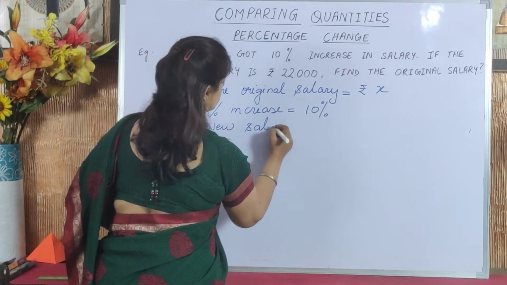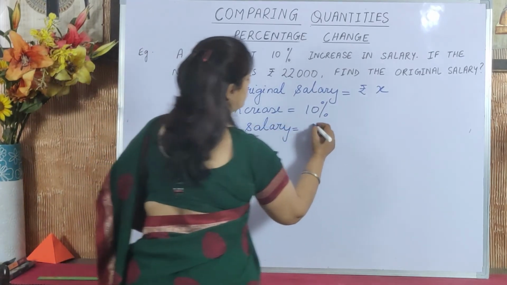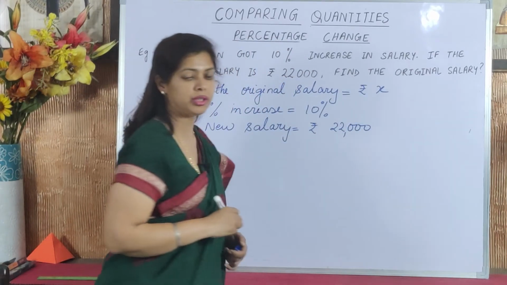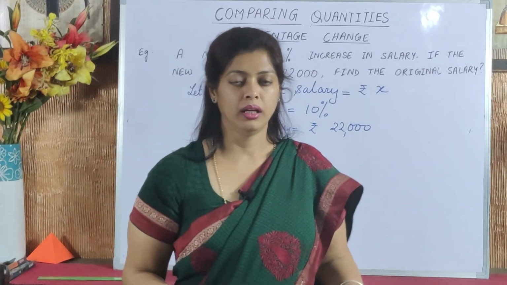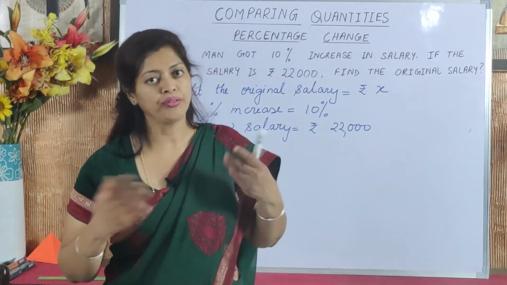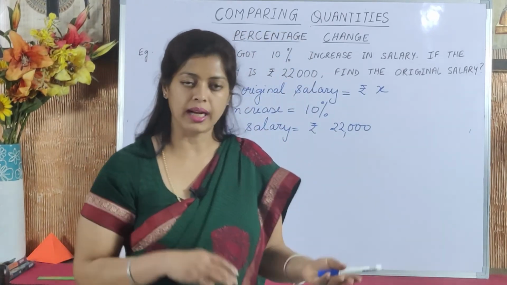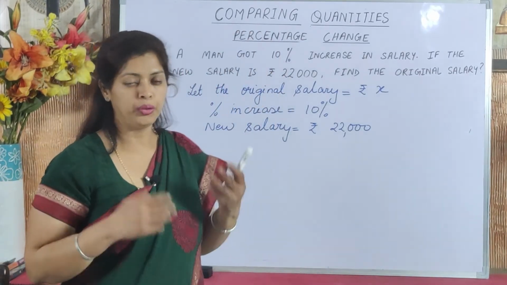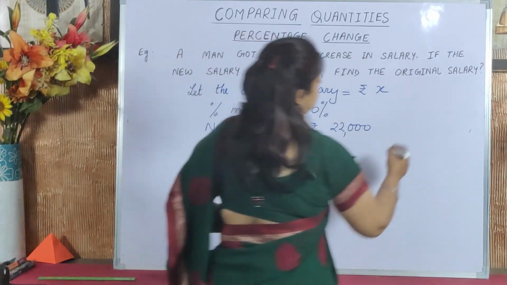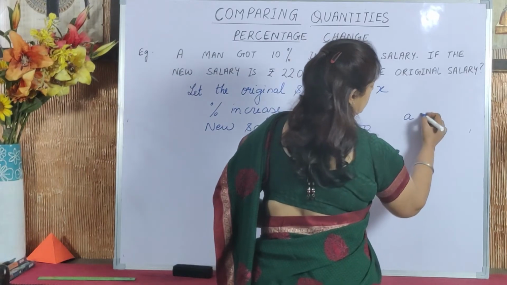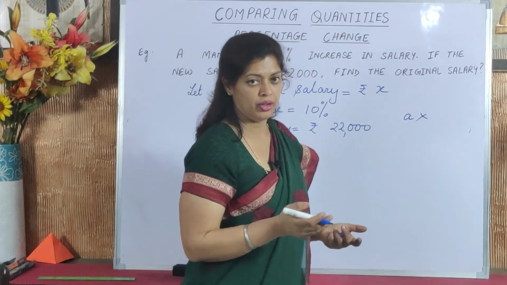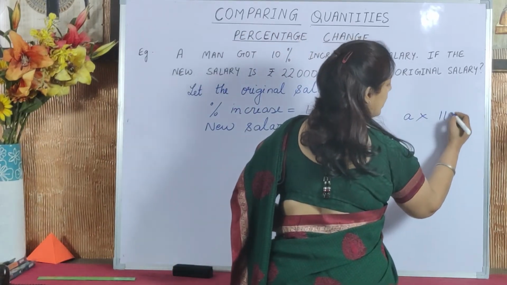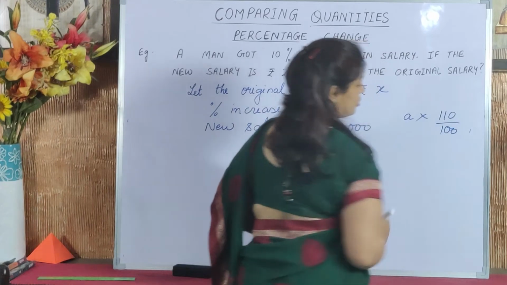The new salary is equal to rupees 22,000. And how do you get the new salary? That is the old salary plus 10% of the old salary. That is the increase. Old salary plus the increase. Or we can directly find the new number. How we had learned that? If A is a number and there is a 10% increase, we can directly find the new number by multiplying the old number with 110 upon 100. So we use this.